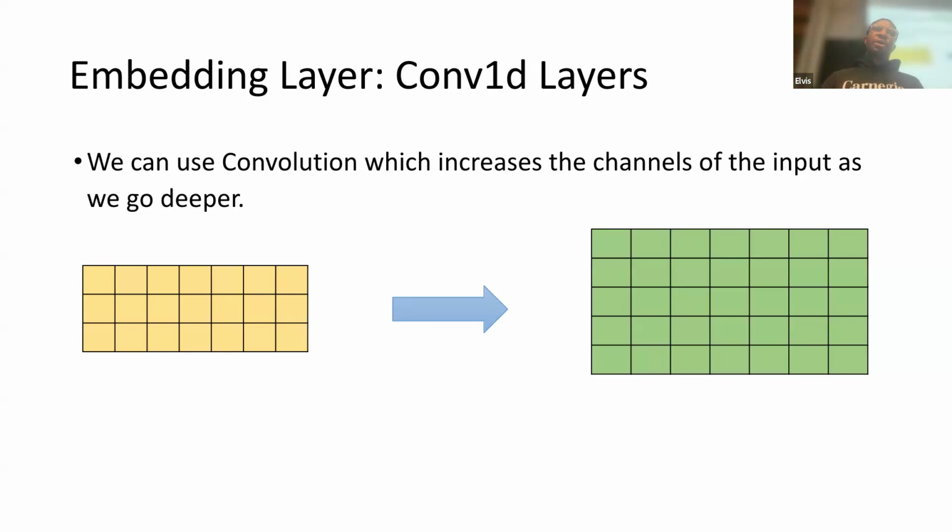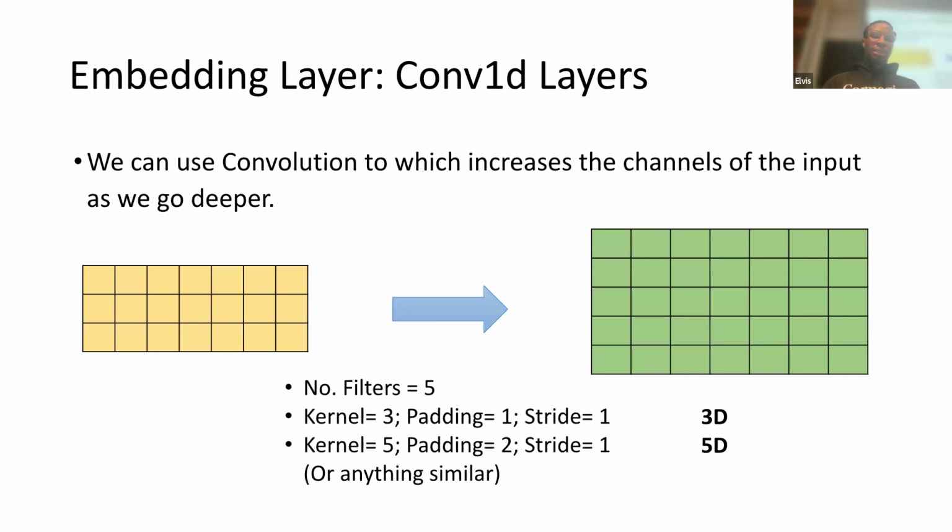That is done with your convolutional layer. Your kernel, padding and stride will determine whether the output will be of a greater or lower dimension. I think you've covered this in class, so I won't spend much time on it.